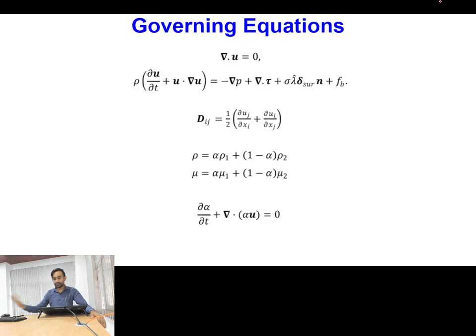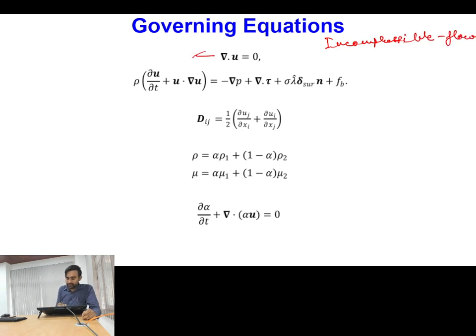Okay. So using this brief summary, you can see that as a whole, if we look into the volume of fluid approach, for an incompressible flow, we are solving our global continuity equation.